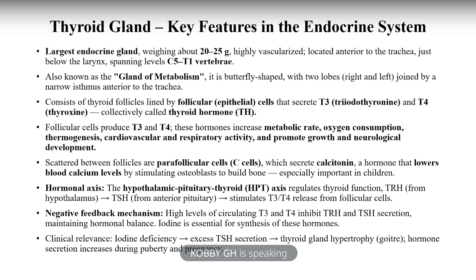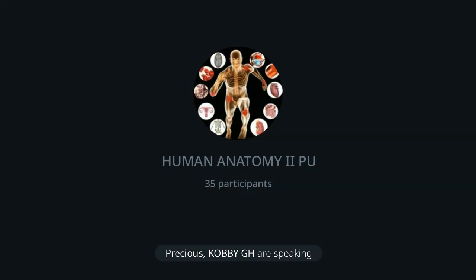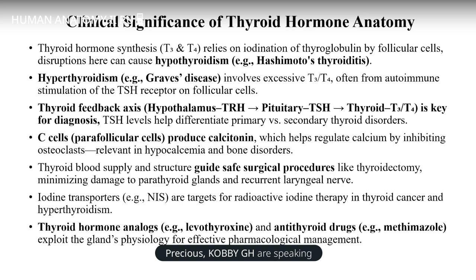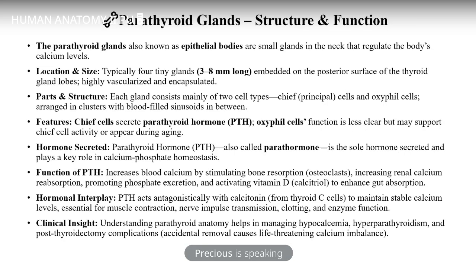So now let's move on quickly to the parathyroid. Please, I have a question. Yes, ask your question. Sir, when the parafollicular cells secrete excess calcitonin, does that lead to hyperthyroidism, or is it only associated with T3 and T4 cells? Okay, there is no way the parafollicular cells alone will be working. They work simultaneously.